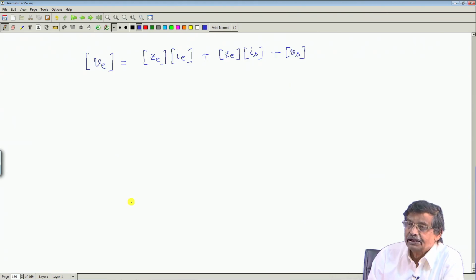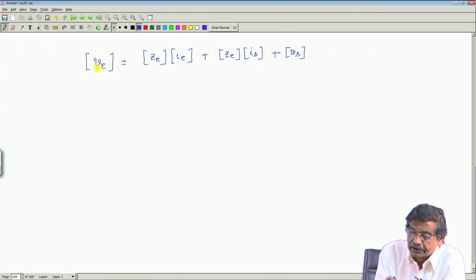Now, you see, in loop analysis what you do? These are element voltages V1, V2, V3, V4 like that.